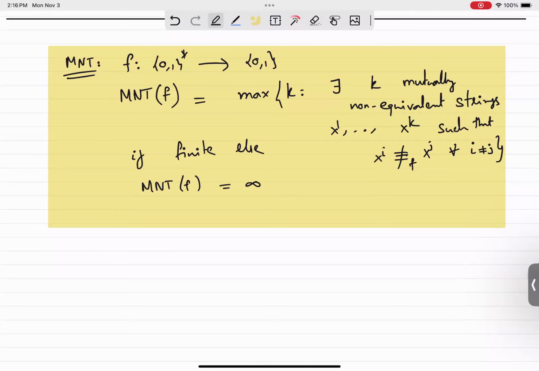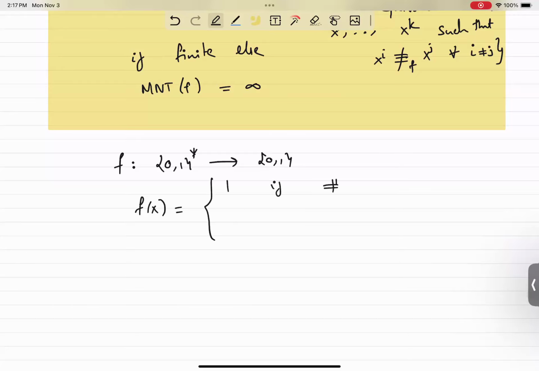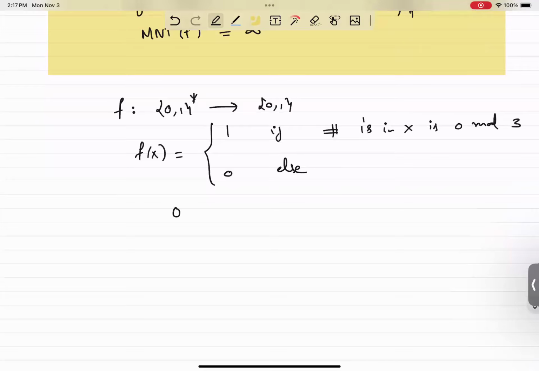For example, if my function was over strings from {0, 1, 2}, f of x equals 1 if the number of ones in x is 0 mod 3 and 0 else. Then I can find 3 strings, which are all mutually not equivalent under this function f.